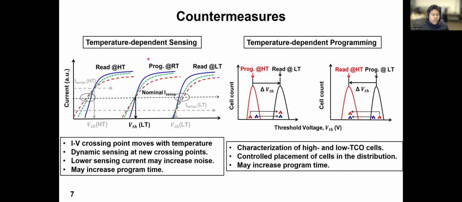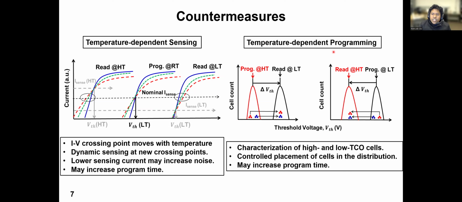So if this isense level of the chip can be moved up or down so that it always coincides with the crossing points of those IV characteristics, let it be at low temperature or high temperature, if the isense level can follow the crossing points, then we will always get a very tight VT distribution. Which we call the dynamic sensing at this new crossing point.